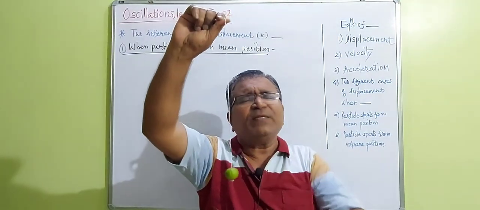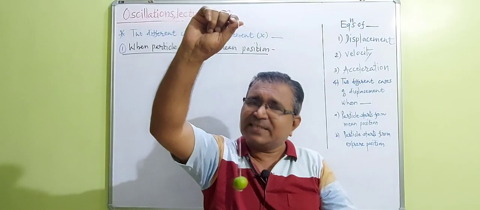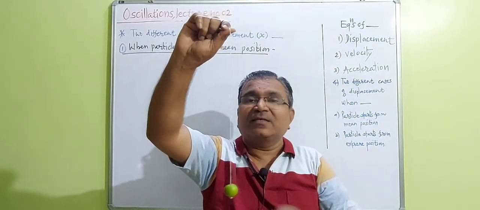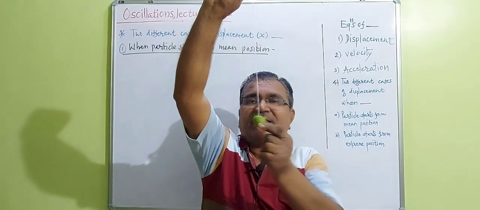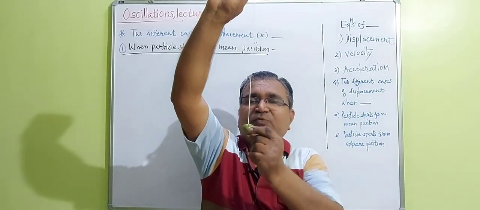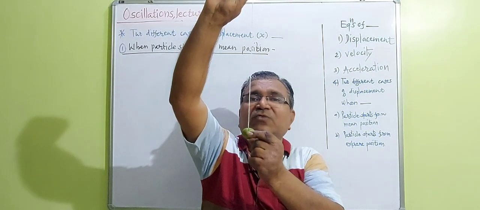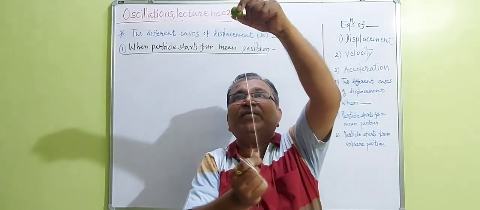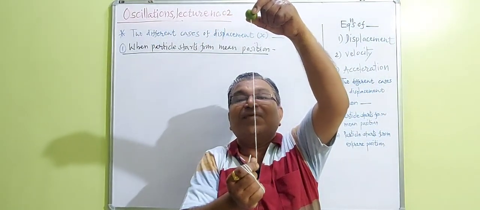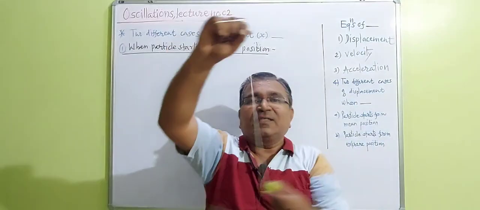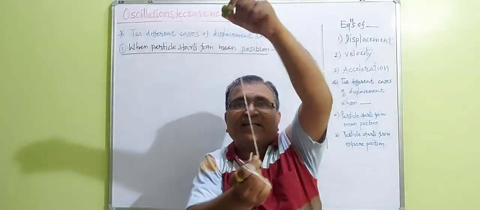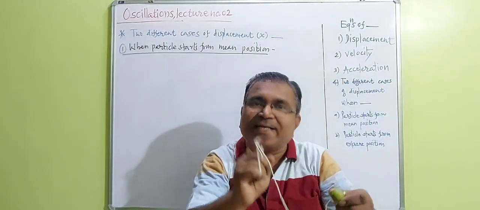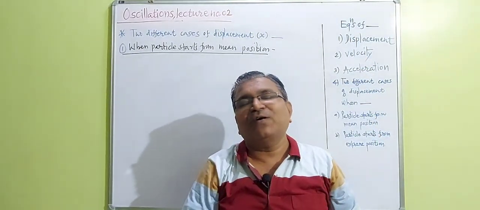What is the phase of SHM? That we will see in the next lecture. But before that, phi is called the initial phase angle. When the particle starts from mean position, phi is equal to 0, or in the upward direction, from 0 to here, phi becomes pi radian or 180 degree.